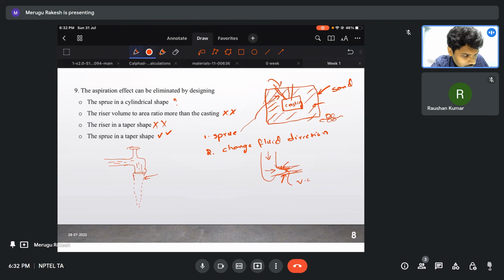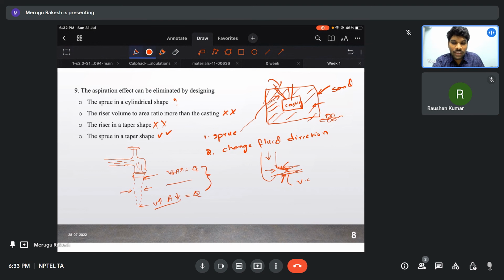Initially the cross section will be more, and as the velocity increases, the area should decrease to maintain discharge constant. Here the velocity will be less but area will be more, so that the discharge is constant. So this is the actual path that is followed by water.